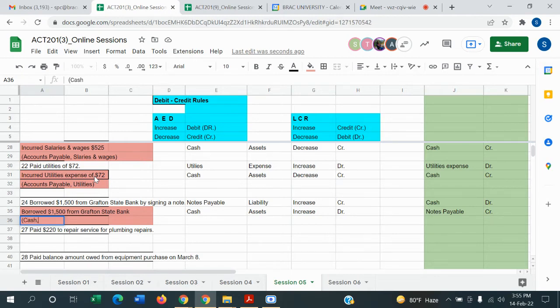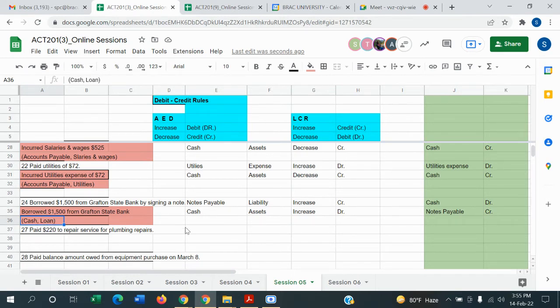One account will be cash, an asset. Another account: we have borrowed from the bank, so we'll just mention loan, not accounts payable. If you buy something on credit, then we generally use the accounts payable account. Here you actually took a loan from the bank. That's why we'll mention the loan account, or bank loan account.